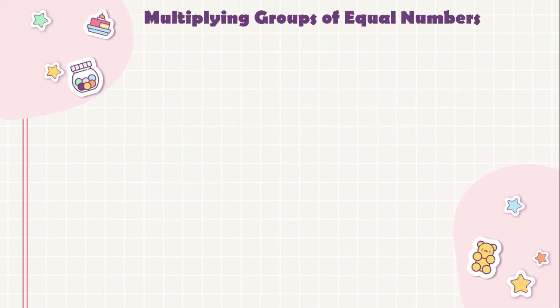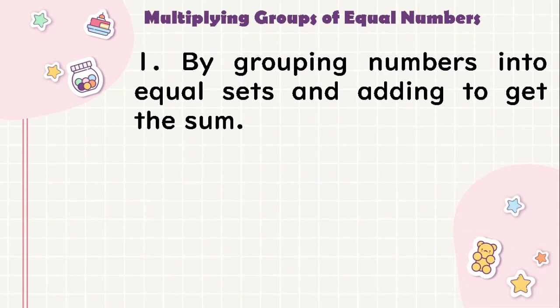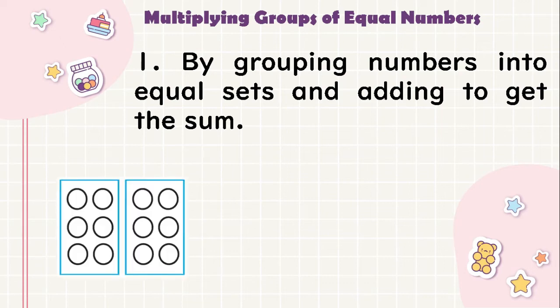Now, let's proceed to multiplying groups of equal numbers. So, you can get the product or answer in multiplication in these ways. First, we can do it by grouping numbers into equal sets and adding to get the sum. So, paano ba siya? Okay, example. We have two groups of 6, diba? Dalawang grupo ng tag-aanim na circle.